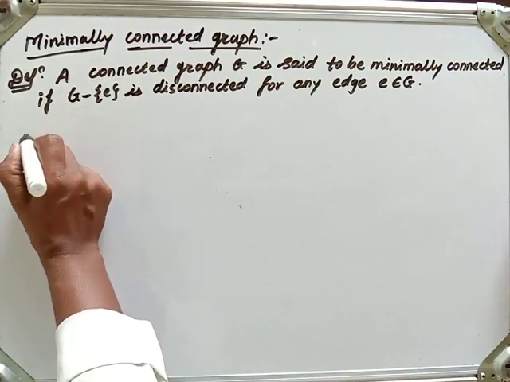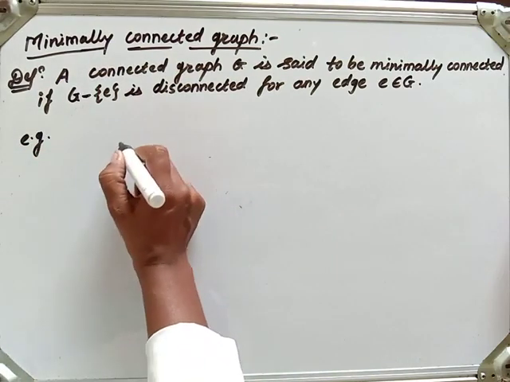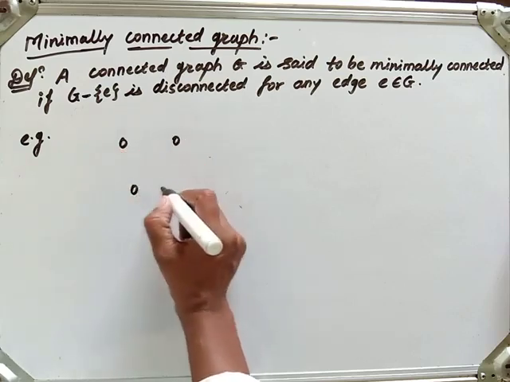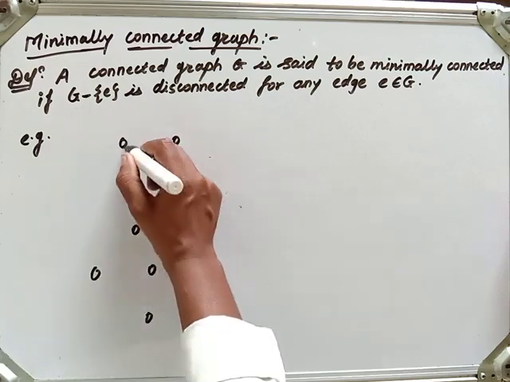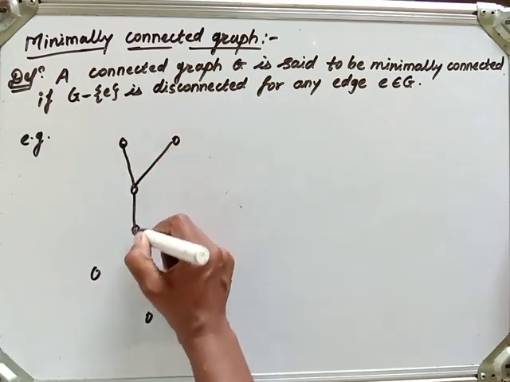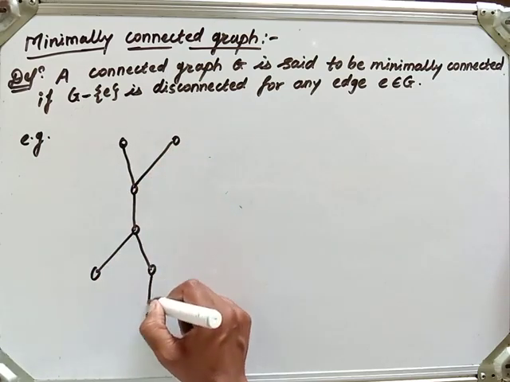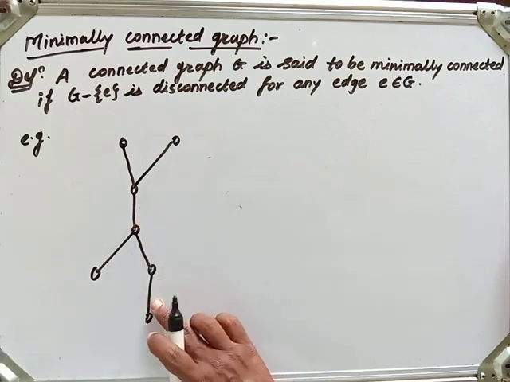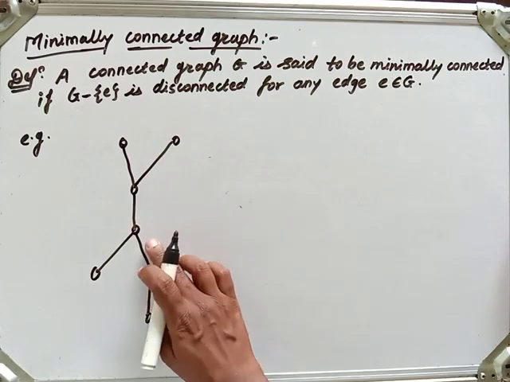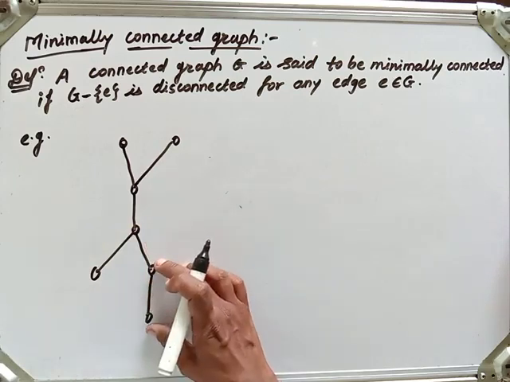For example, if we take this one, suppose these many vertices and the edges are as such, these are connected. Now if I remove one of the edges from here, then it will become isolated. If I remove this edge, then this graph will be separate.